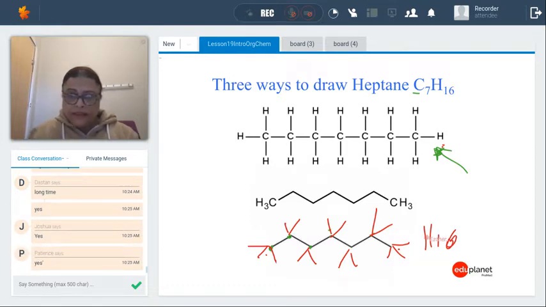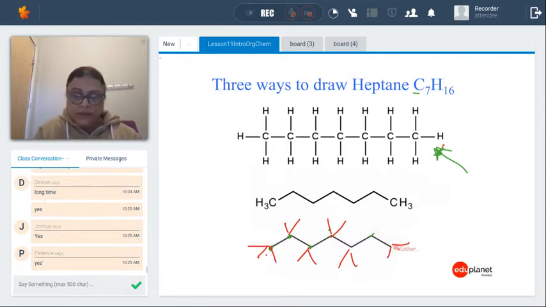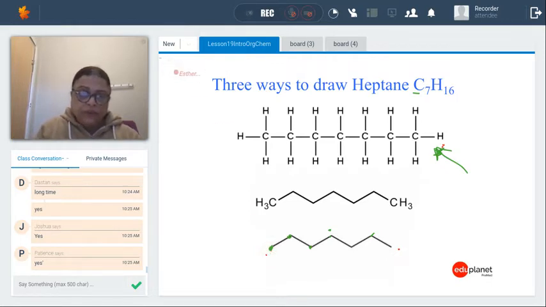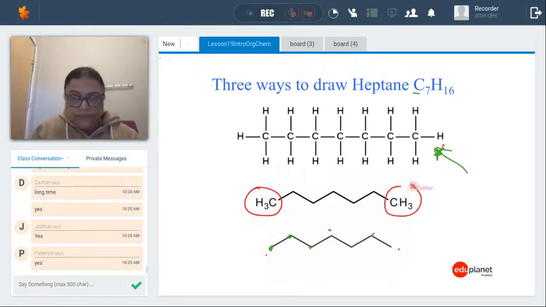So that is good to know. I use the zigzag method a lot. Books use it as well, and entrance exams too, so get used to it. Sometimes you have a mixture between the zigzag and the full construction, where they give you the end points, because here it is a CH3 and here also CH3.